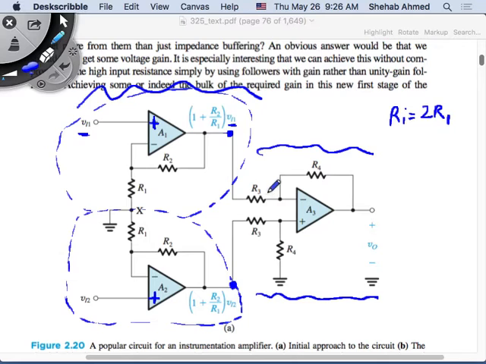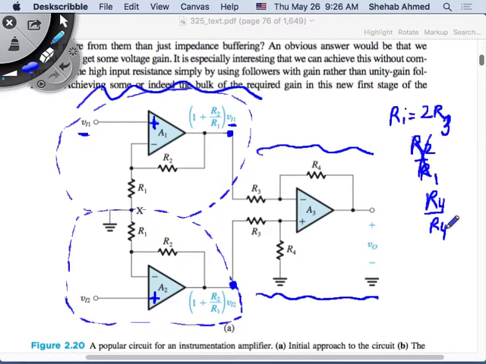In this case, the gain for the difference amplifier is R4 over R3, and the input impedance is 2R3.